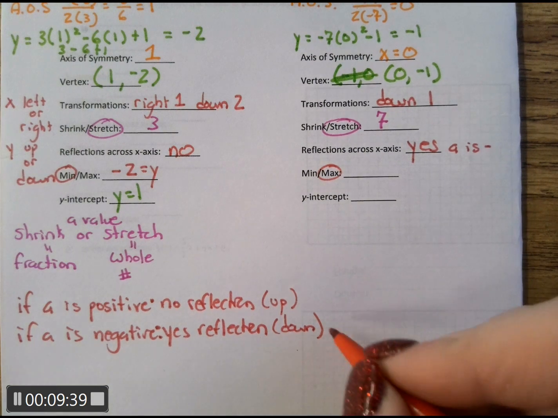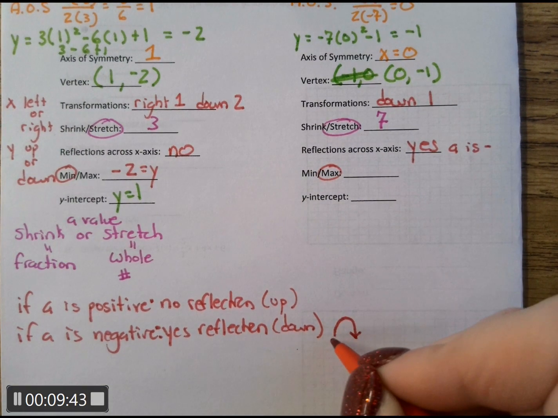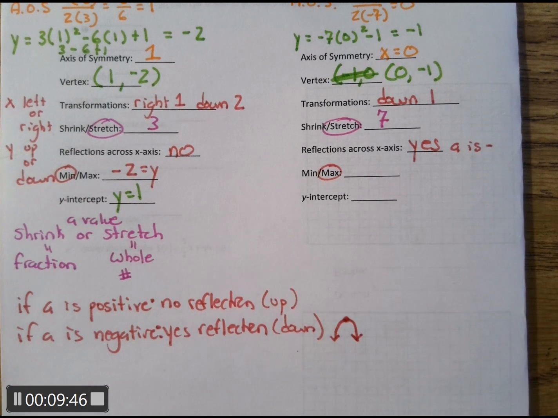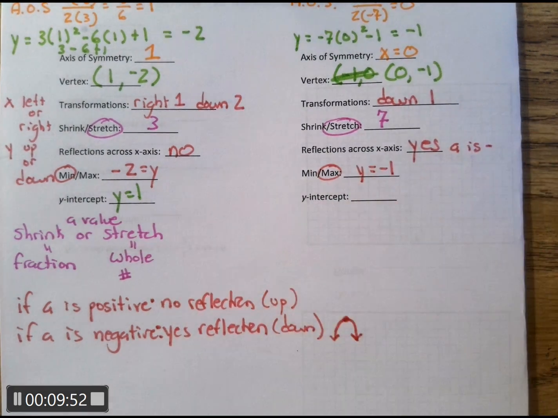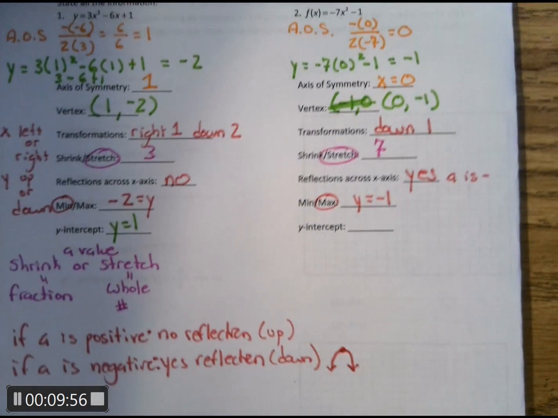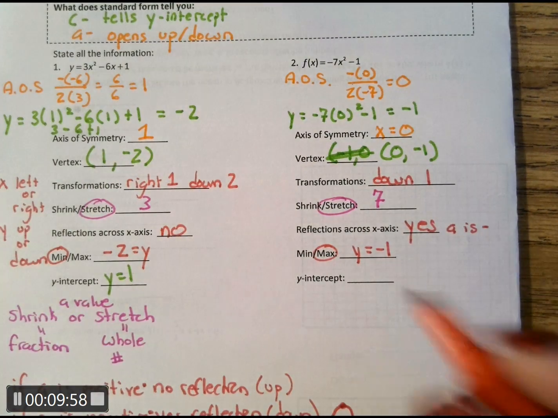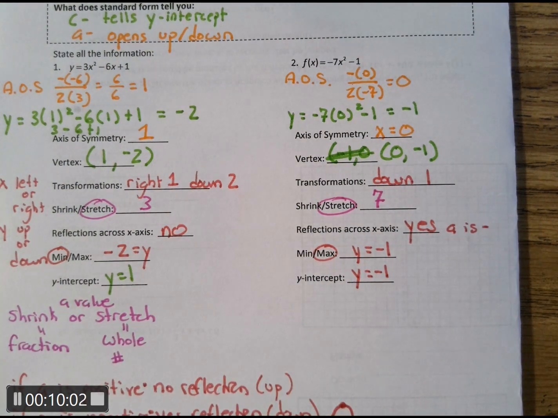Well, down is like our roller coaster, and we have a maximum at y equals -1. And then our y-intercept is our c value, which is also going to be -1. Excellent.